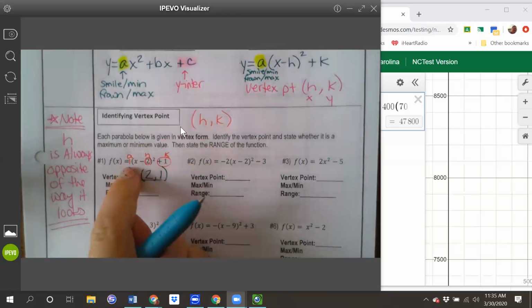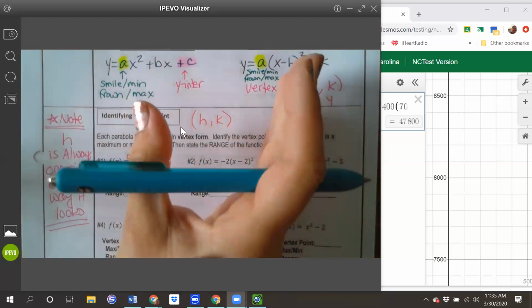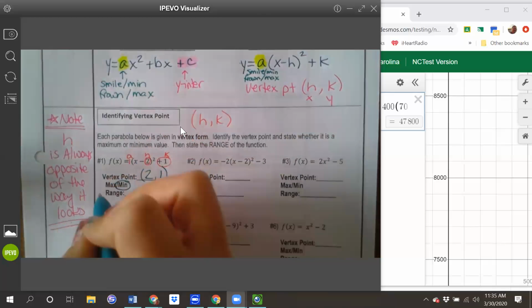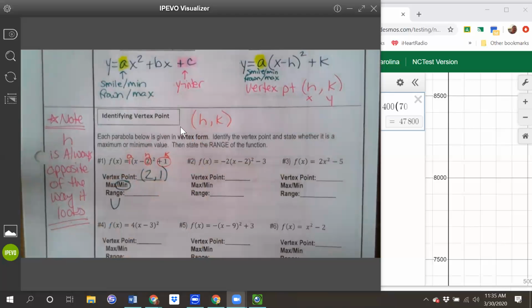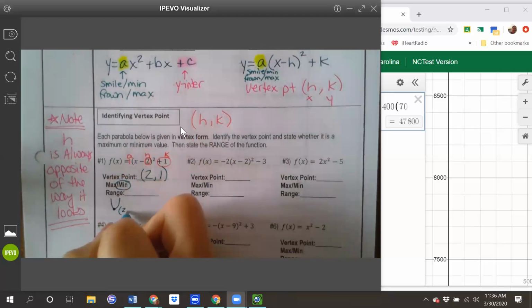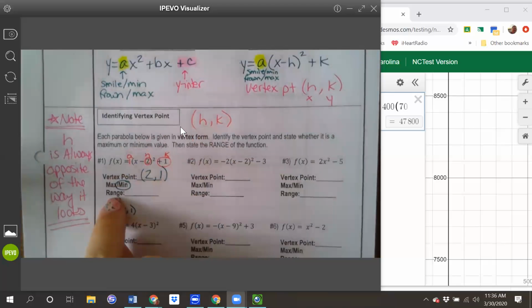a being positive tells me that it's going to smile, which means that the vertex is going to be on the bottom. So without graphing it, I know it's going to be a smile, and I know that point is going to be located at 2 comma 1. So I should be able to do the range without even looking at the graph.